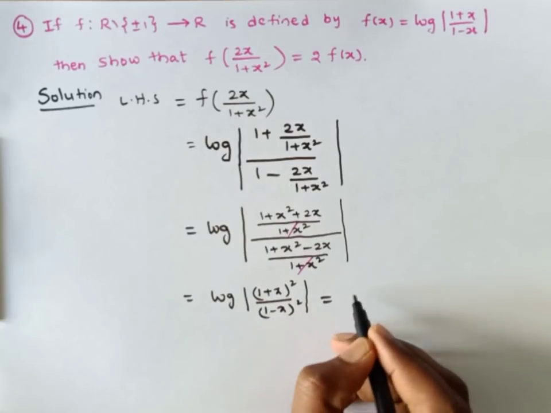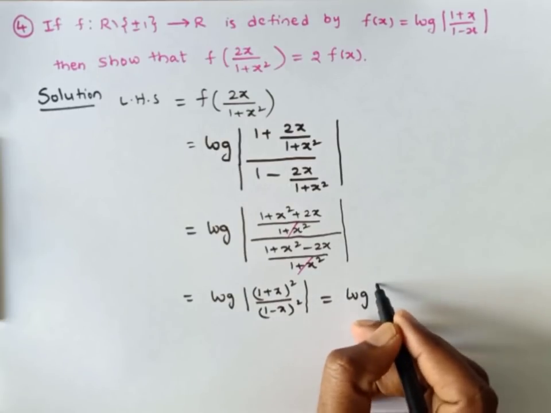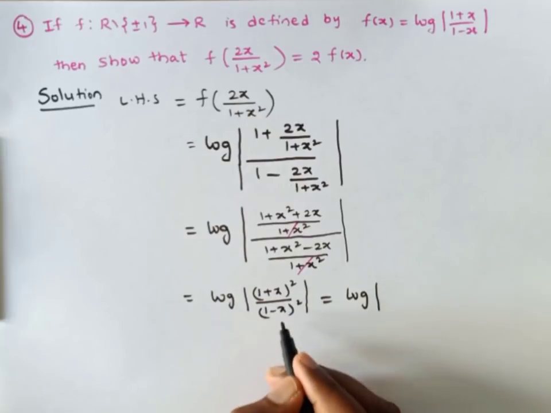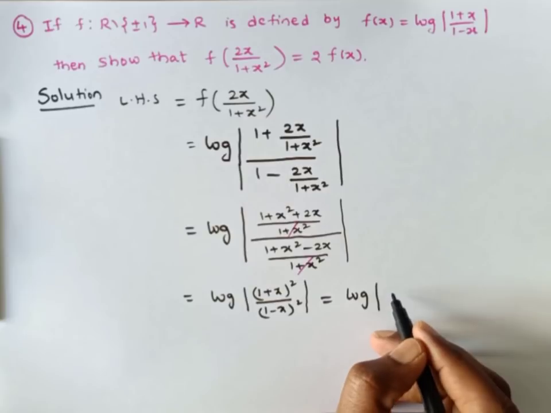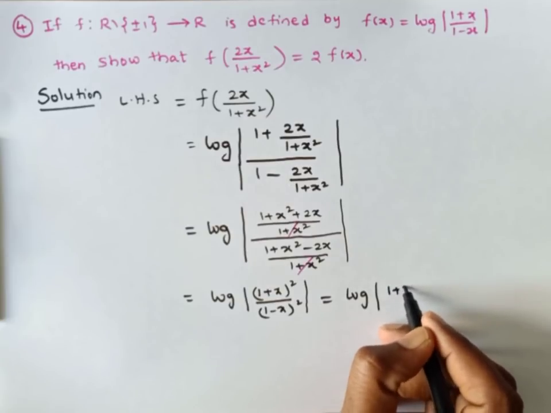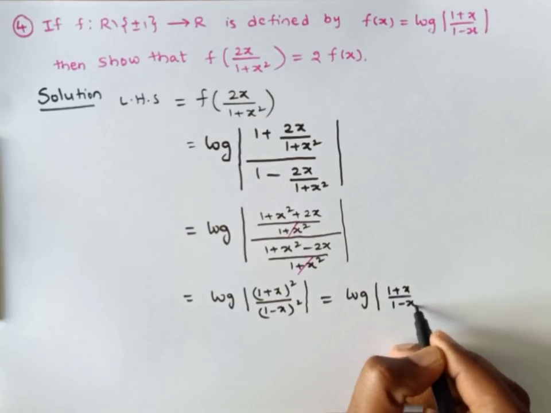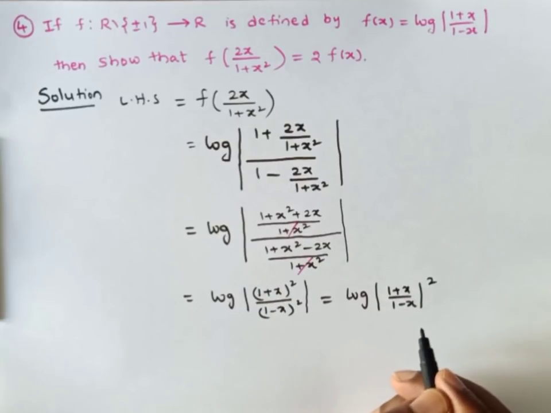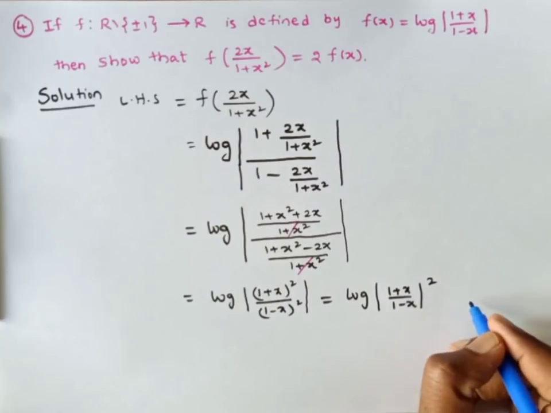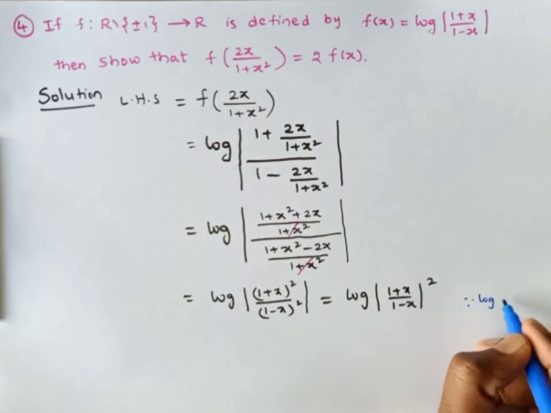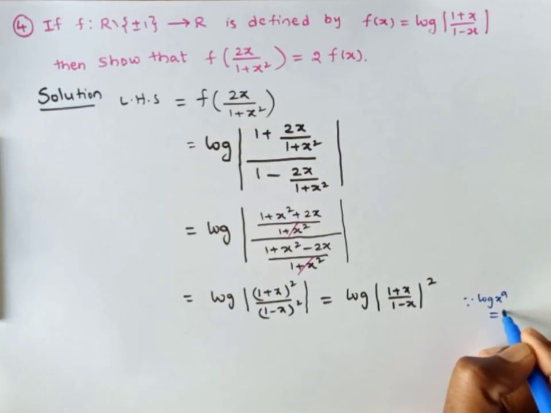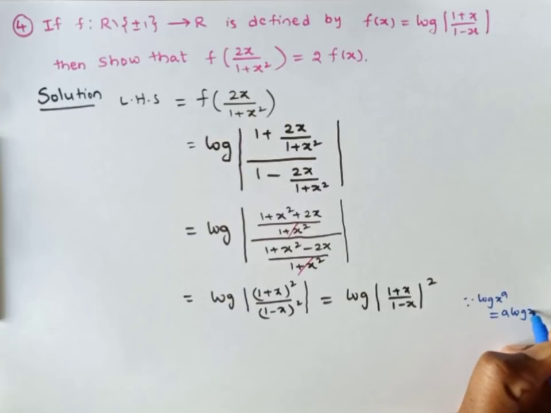So finally this is logarithm of a square by b square. So a square by b square can be written as a by b whole square. So here we can write it as (1 plus x by 1 minus x) whole square. Now there is a property in logarithms, the power rule. If it is in the form of log of x to the power of a, we can write this as a into log x.